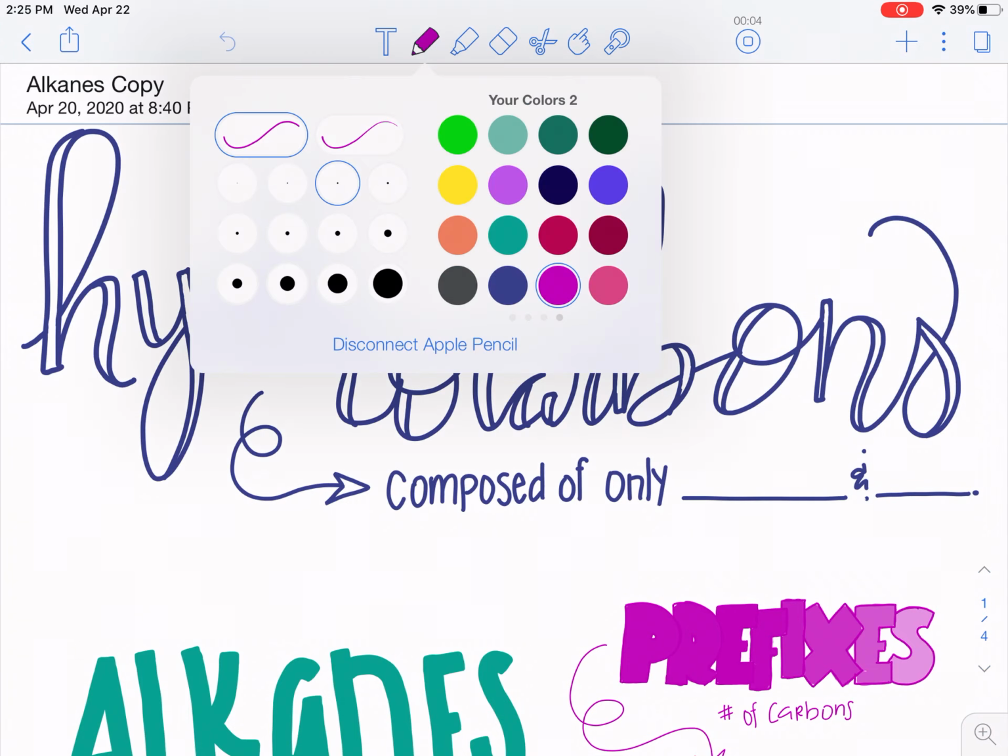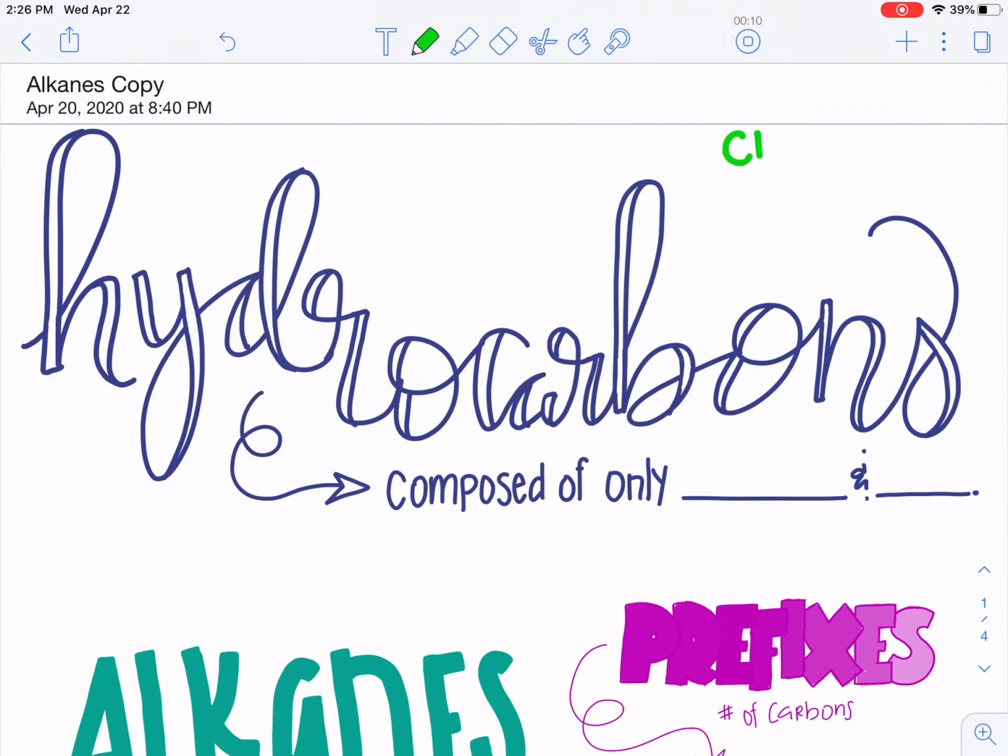Hydrocarbons. This is chapter 29. So we fast forward a whole bunch, but this is one of my favorites, so I couldn't not do it. So chapter 29, hydrocarbons.